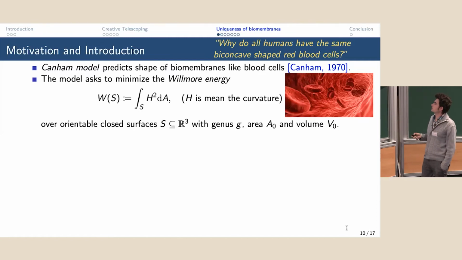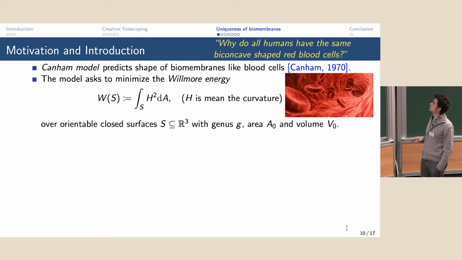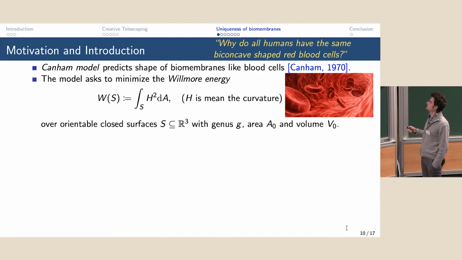Let me try to summarize shortly the framework. We are working in the model of minimizing this so-called Willmore energy, over oriented closed surfaces S with prescribed genus, area, and volume.